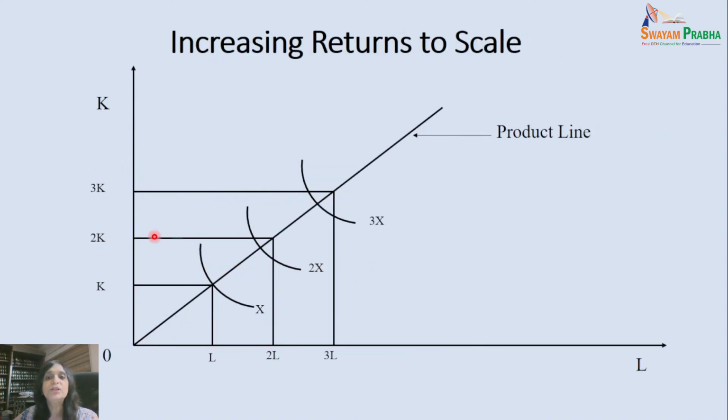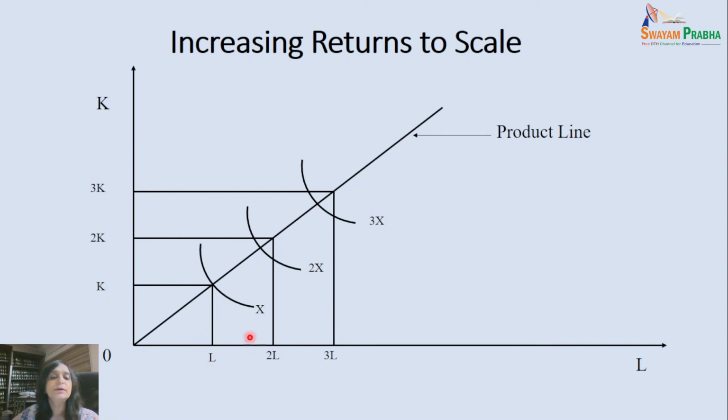Okay, let us have a look at this graphically. For example, these are the three isoquants that we have: x, 2x, 3x, meaning this is one level of output, this is the double of this output, this is three times the original output. X, 2x, 3x. This x represents that you are using L amount of labor and K amount of capital.